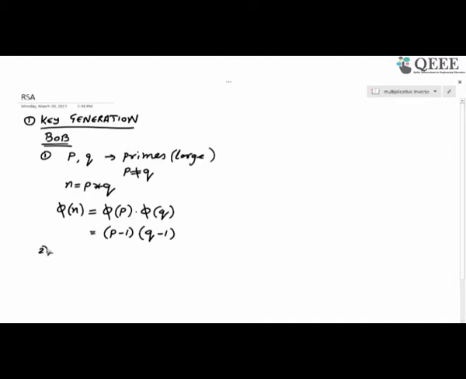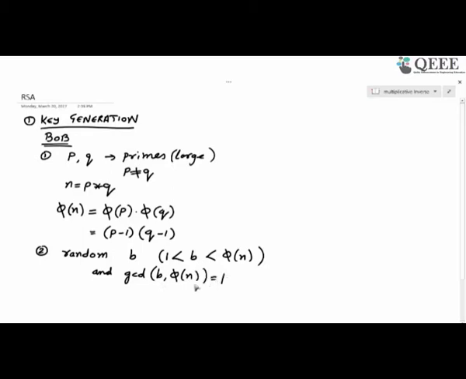The second step which Bob would do is that he would choose one random number b, which is in the range 1 less than b less than phi of n, and GCD of b comma phi of n is 1.